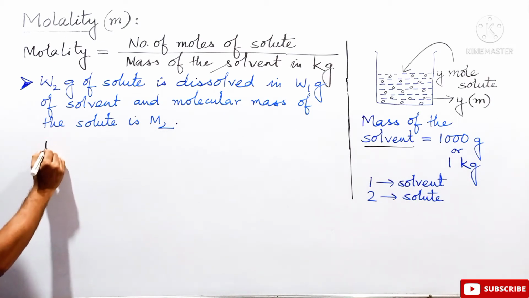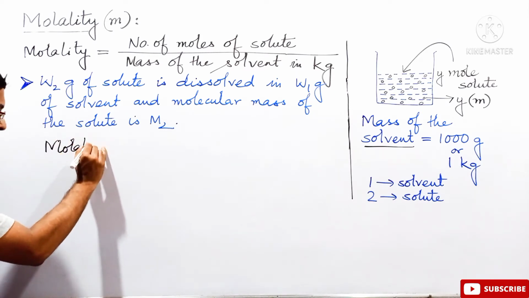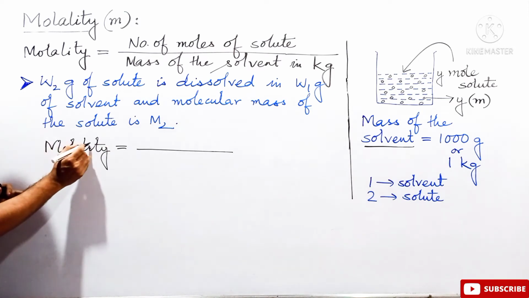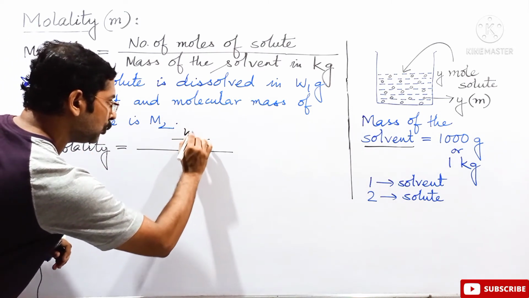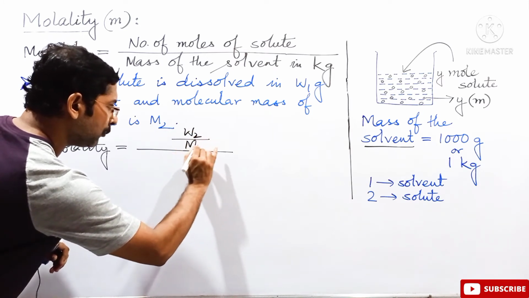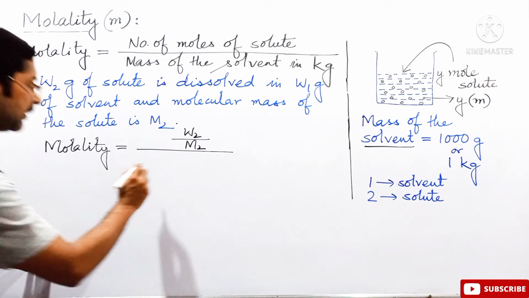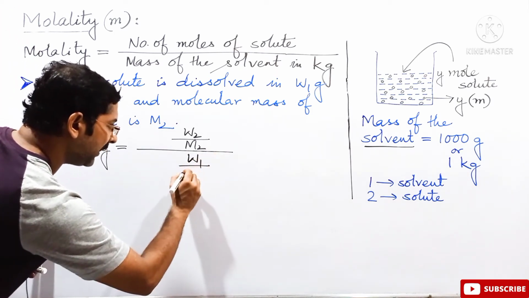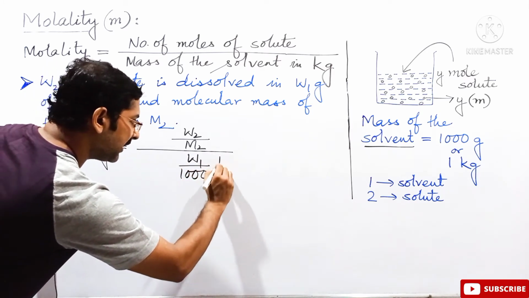Now look, molality equals W2 divided by M2, this is the number of moles of the solute, and W1 gram is the mass of the solvent. We have to divide it by 1000 to convert it into kg.